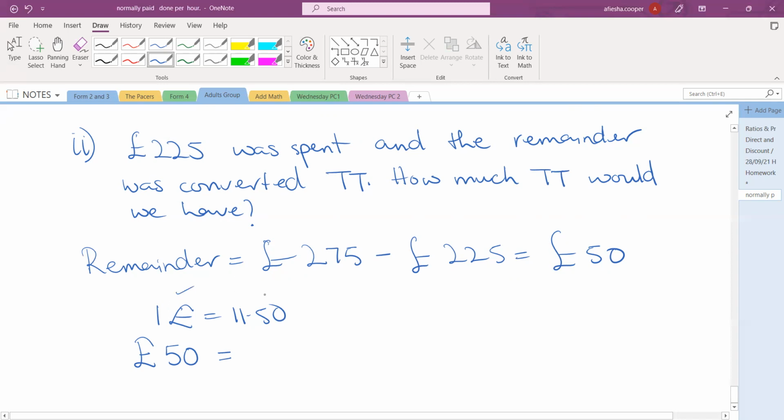Every 1 British pound is 11.50 TT. How much is 50 British sterling to TT?